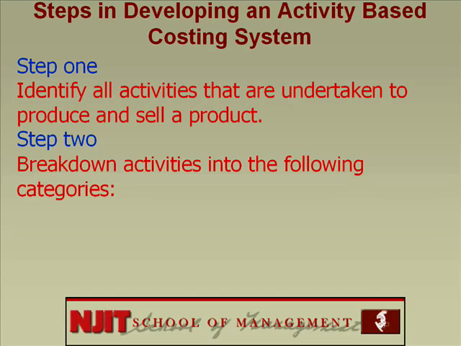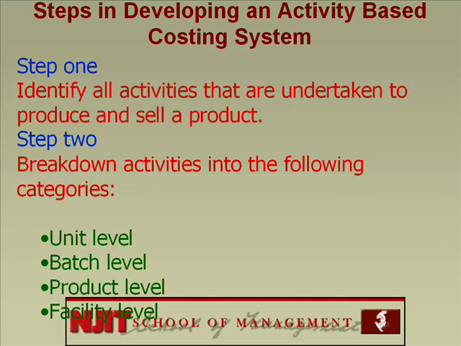They are unit level, batch level, product level, and facility level. There are 5 steps. Before we go on to the other steps, I just want to stop and explain step 2.